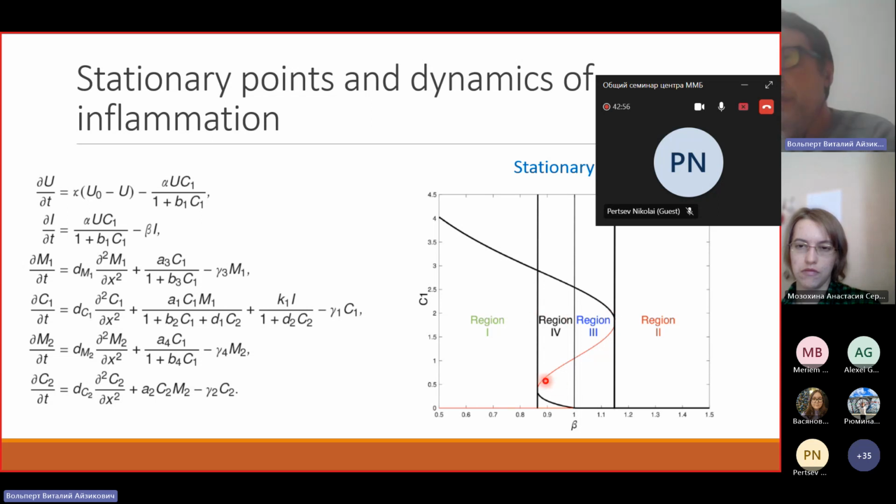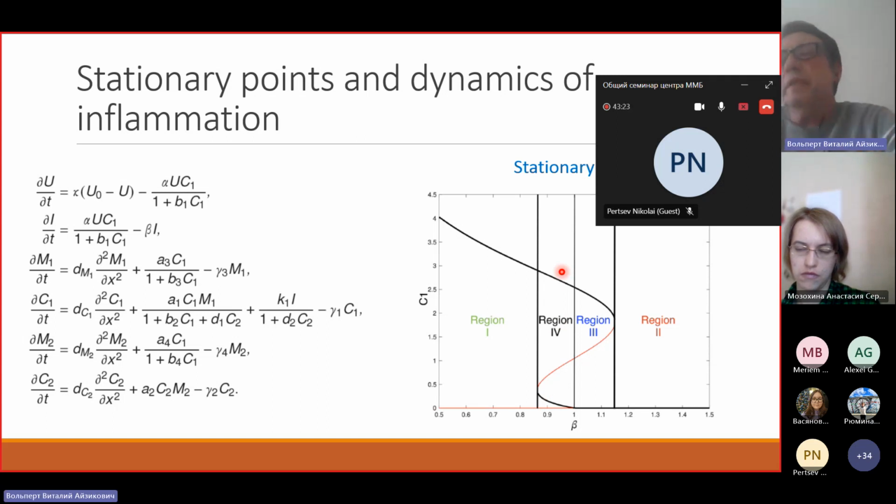And finally, the last situation shown here, it's region 4, where this inflammation-free point is unstable. There is one inflammatory point stable, another inflammatory point stable, separated by an unstable point. These two stable points, one with a low value of inflammation, another one with a high value of inflammation.